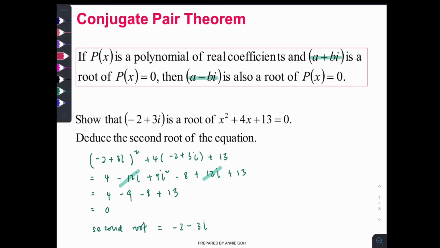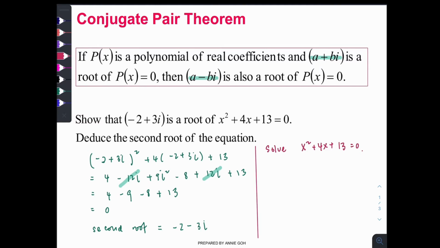What if you are not given the root of the equation, but they change the question in this way? You are asked to solve this equation, x squared plus 4x plus 13 equals 0. Usually what you do, you just take out the calculator and get the answer through the calculator, isn't it?